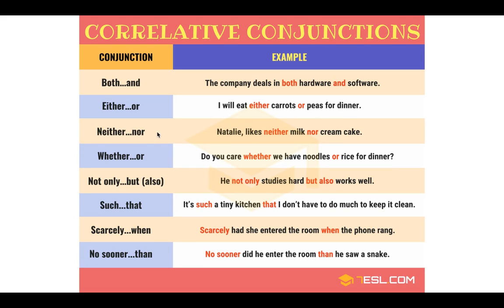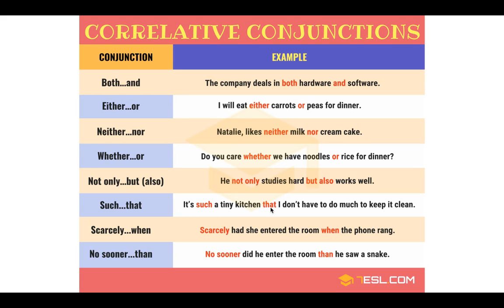Same thing with neither and nor. Natalie likes neither milk nor cream cake. Whether or. Do you care whether we have noodles or rice for dinner? Not only, but. He not only studies hard, but also works well. Such and that go together.